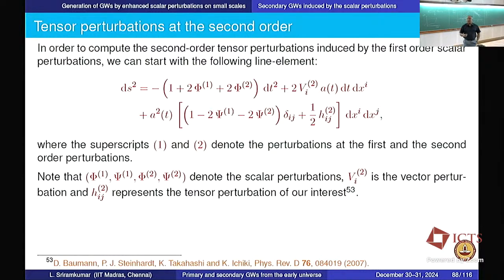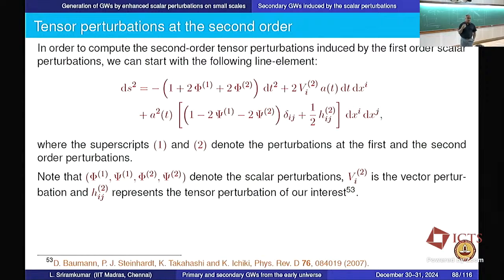Essentially, what you find is the second order metric perturbation that we have introduced here. We have ignored the first order vectors and the first order tensor perturbations. We have introduced the second order metric perturbations, and we have introduced scalar and vector perturbations at the first and the second order. And what you need to do is write the equations at the first order, and arrive at the equations at the second order.